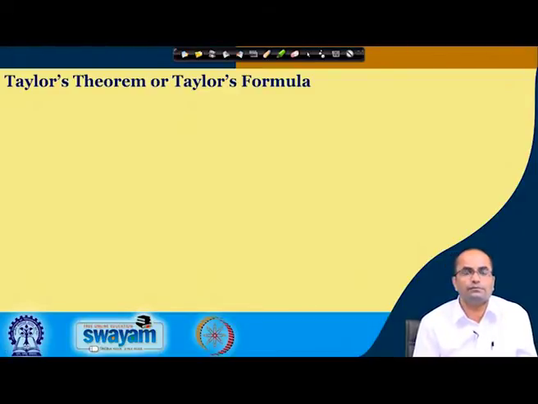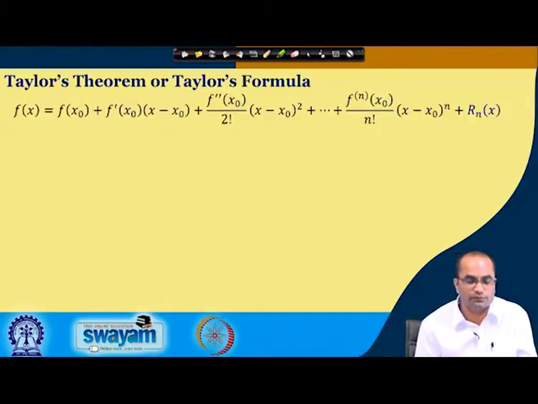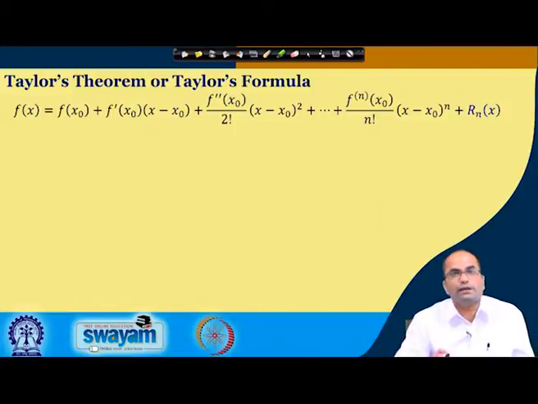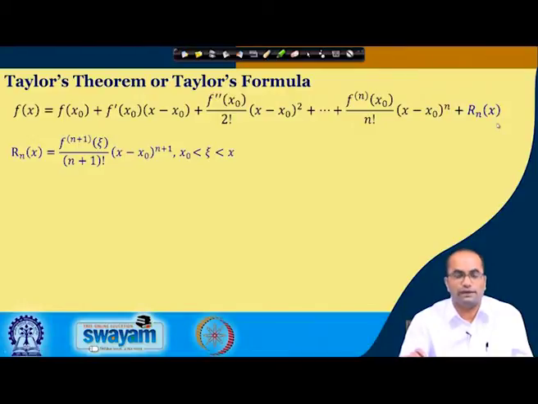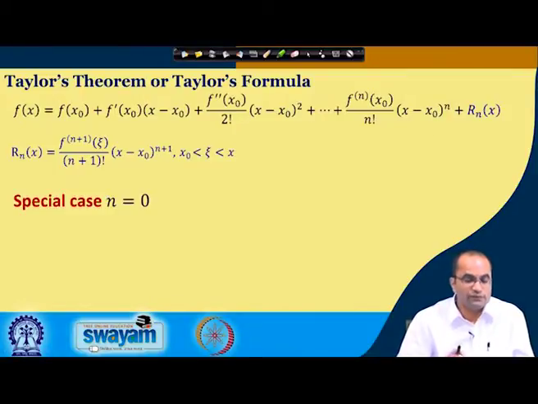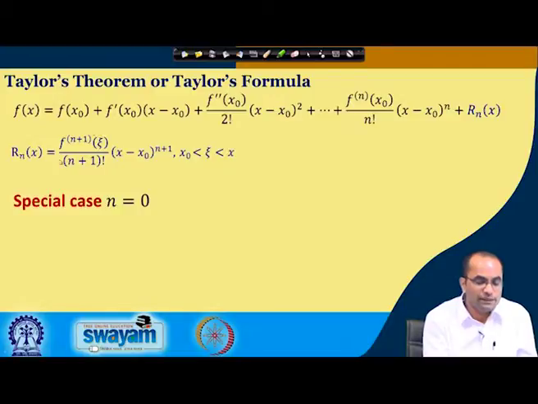Now if we summarize Taylor's theorem, or Taylor's formula, we have the function f(x) which can be expanded in this form: f(x_0), f prime(x_0)(x minus x_0), up to the nth order term, plus this remainder term which we have just derived, which is called the Lagrange form of the remainder. In the special case when we take n equal to 0, we have to write this remainder term up to order 1.